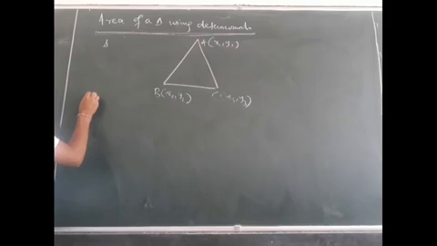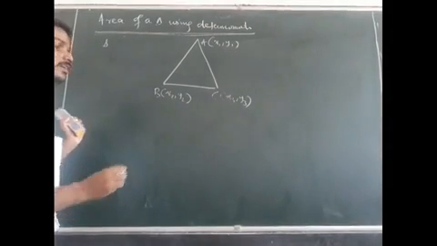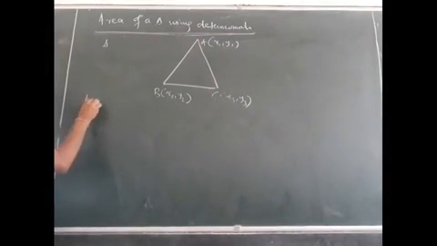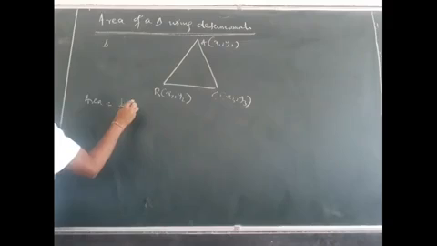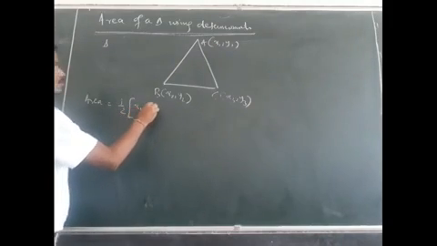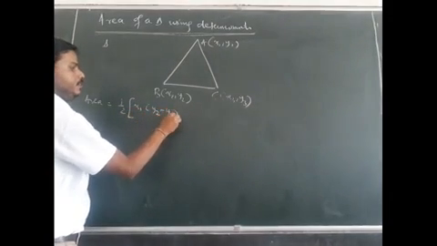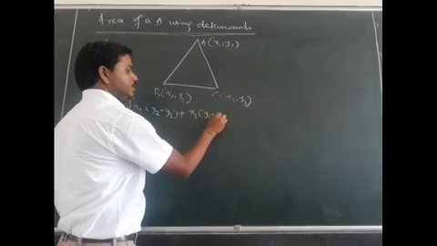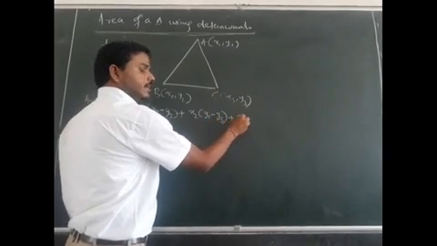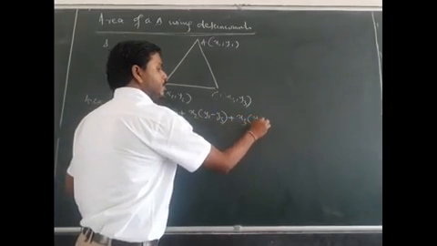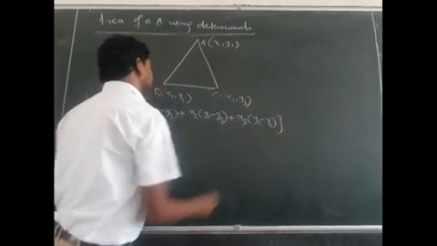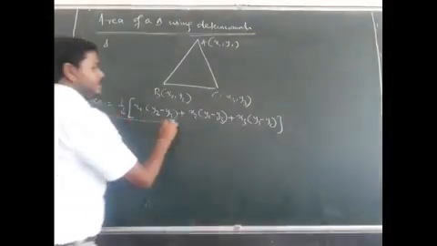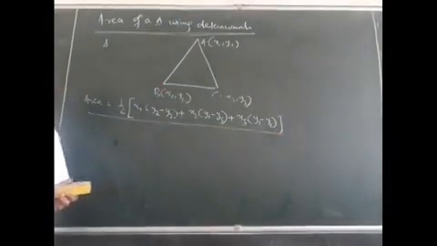So here, if I remember the concept of standard 10, we have learned there that area is given by half, x1 into (y2 minus y3) plus x2 into (y1 minus y3) plus x3 into (y1 minus y2). Now let us think, how can I write this expression in terms of determinant?